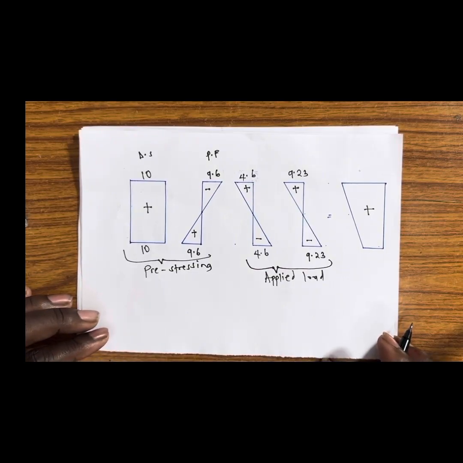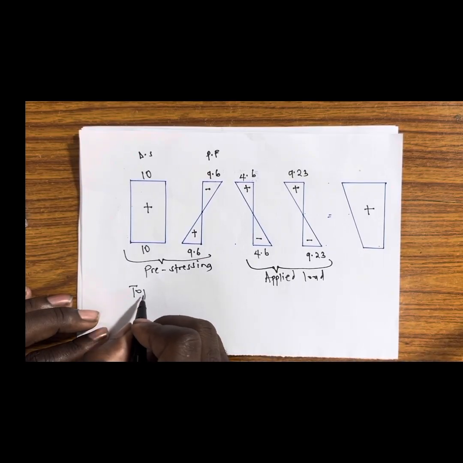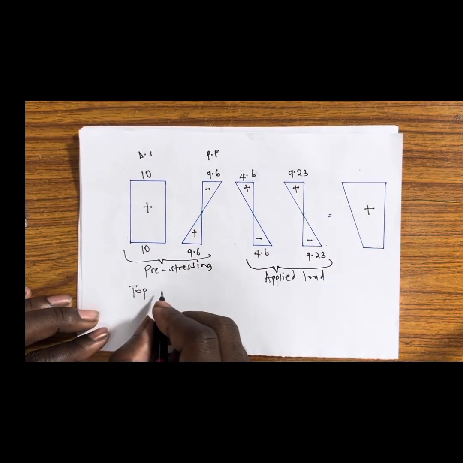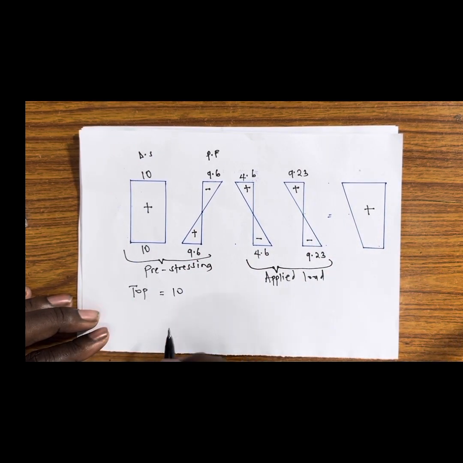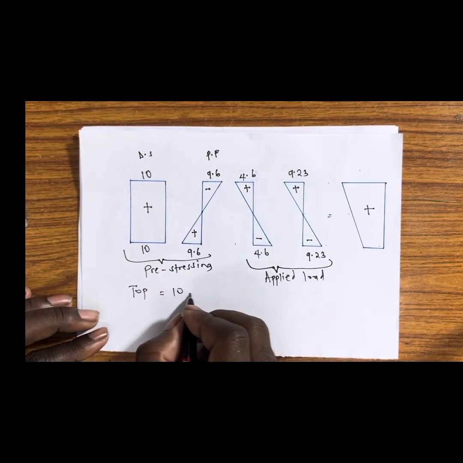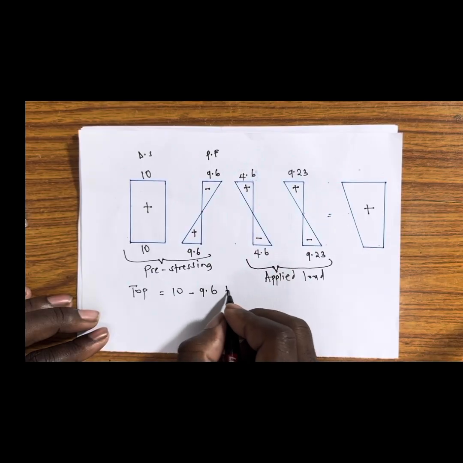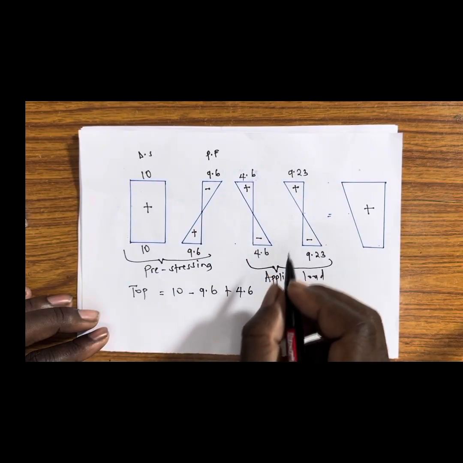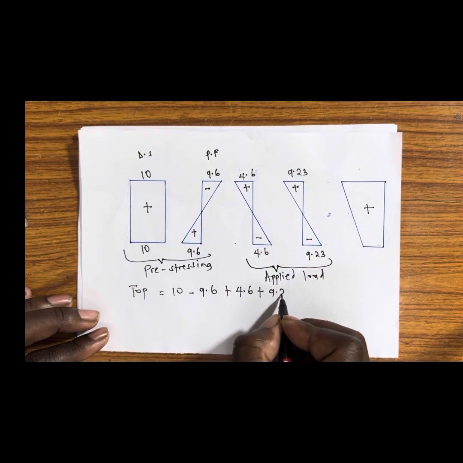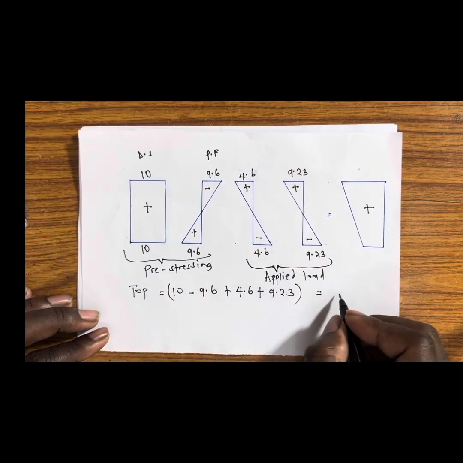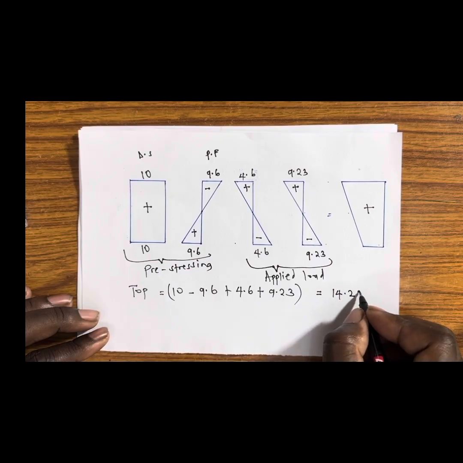What is the resultant at the top, then the bottom. So let's start with top, the resultant here. So you realize that this is positive 10, again this is minus 9.6, this is positive 4.6, and this is positive 9.23. The answer here is coming to 14.23.